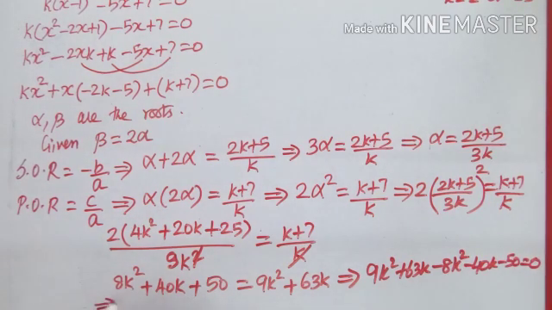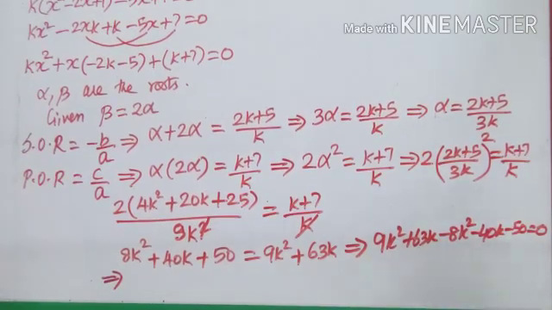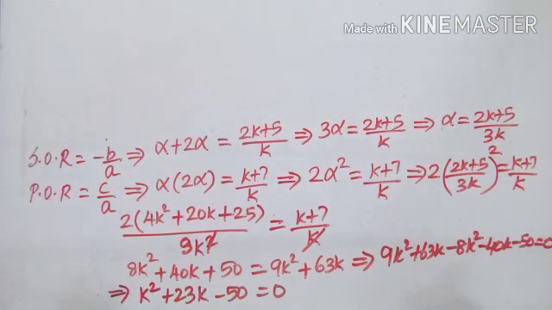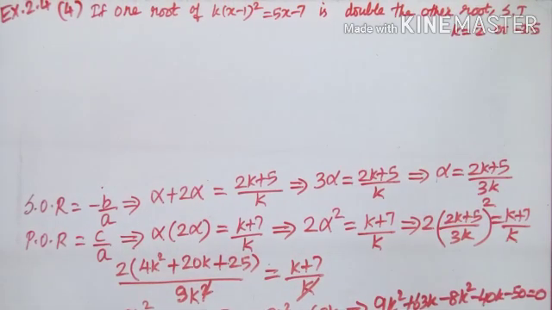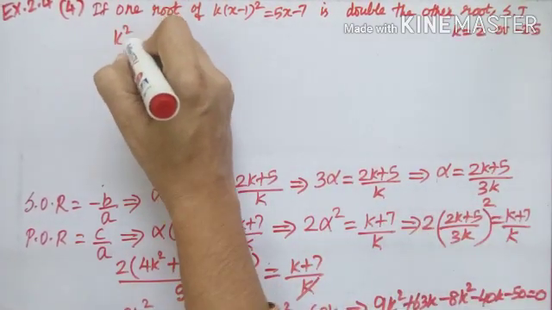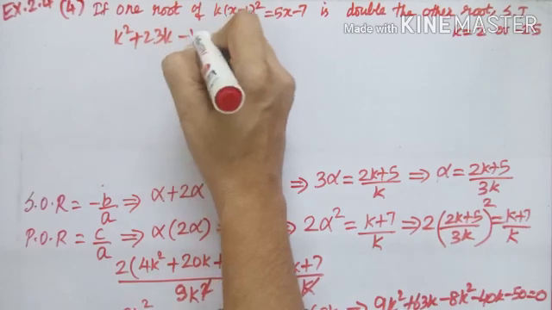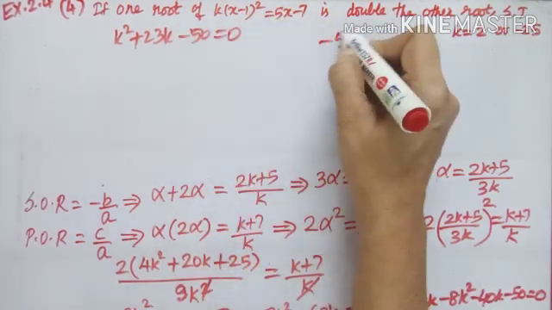Or I am reduced to 9k square minus 8k square is k square. 63k minus 40k is 23k. Minus 50 equal to 0. Solve this equation and find out k value. As I try to solve, I can try with factorization. It is k square plus 23k minus 50 equals 0.